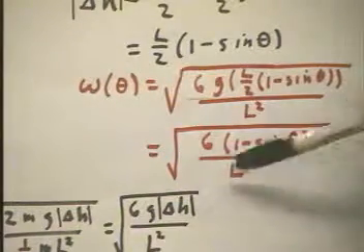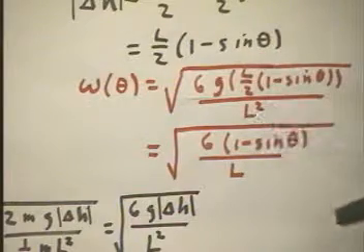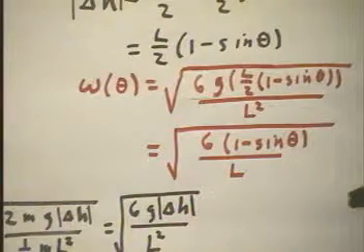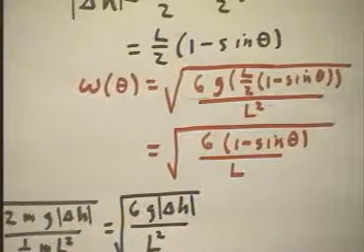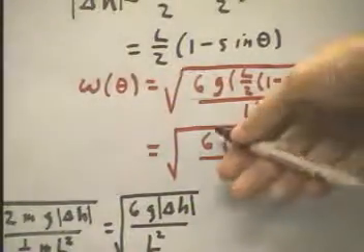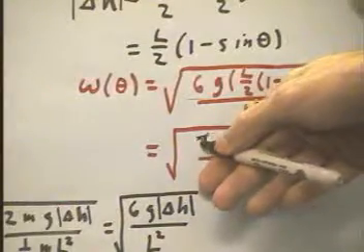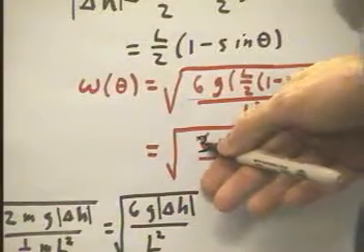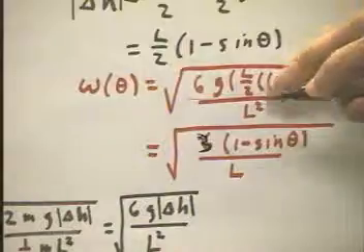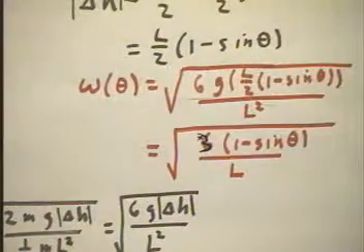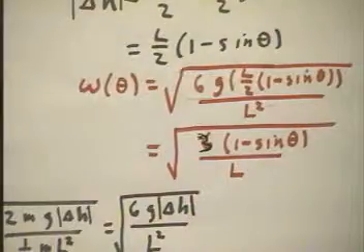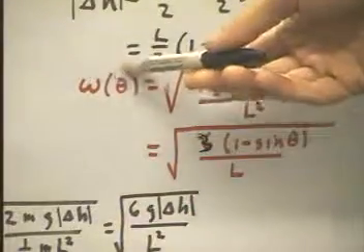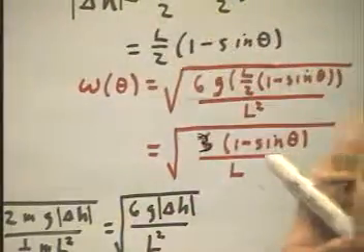Which simplifies, dividing the L into the L. And it doesn't simplify to this. This 6 needs to be a 3, because we divide 2 into 6 to get 3. So this should be the square root of 3g times 1 minus sine theta over L. So this is our angular velocity when we're at angle theta.